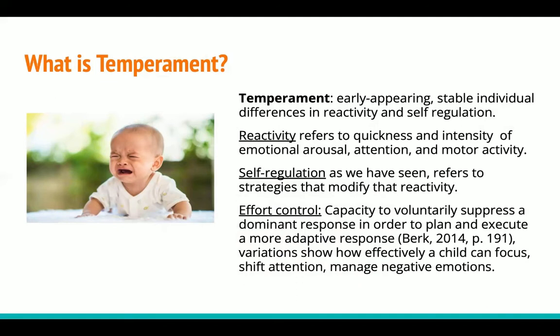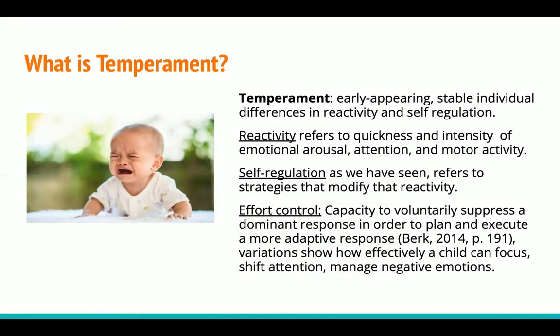The definition of temperament is early appearing, stable individual differences in reactivity and self-regulation. So what is reactivity? It refers to quickness and intensity of emotional arousal, attention, and motor activity.